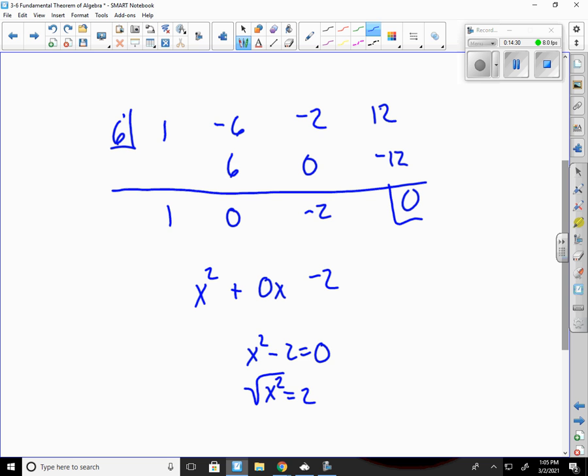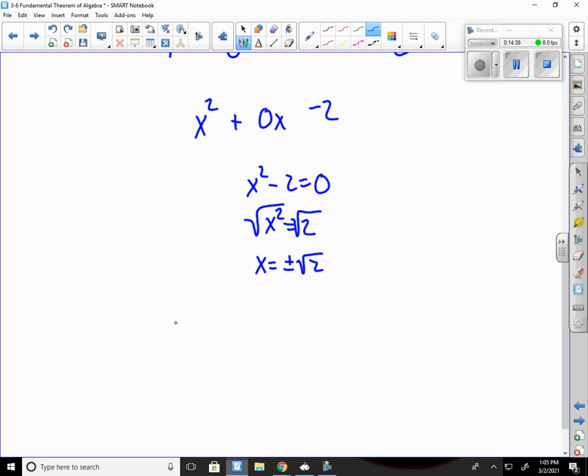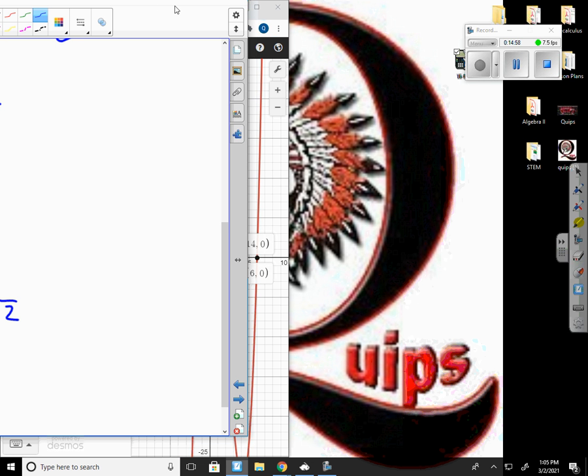Take the square root of both sides. That gives me x equals plus and minus square root of 2. It's x to the third was my beginning equation. So my x's, or my roots, are 6, negative root 2, and root 2. If you put that into the calculator, that's going to give you 1.414, which was our other root that we saw, or our other 2 roots that we saw for those equations.